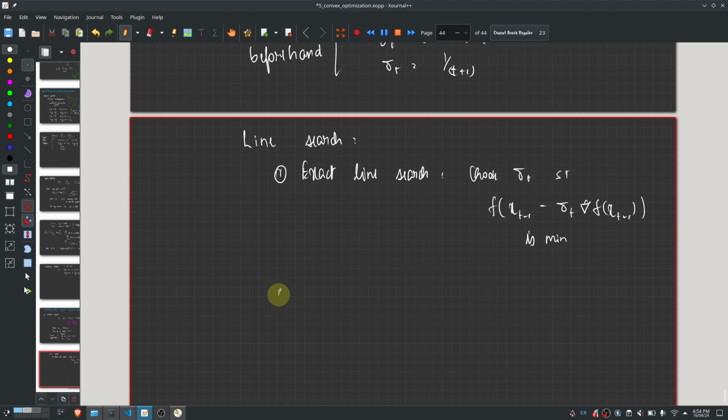Instead, what many people try to do is use an approximate line search, also called a backtracking line search. In this case, as you saw in your assignment, you have to evaluate the function multiple times, which can be slightly more expensive. The backtracking line search requires you to iteratively try to minimize along a particular direction, but you don't perform exact minimization.